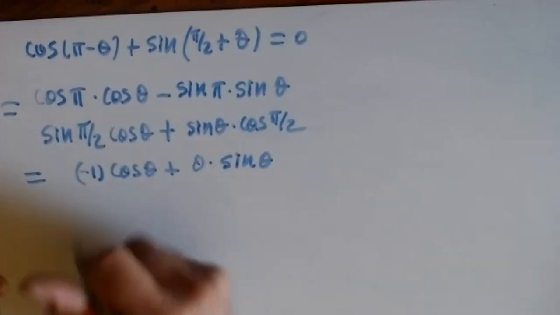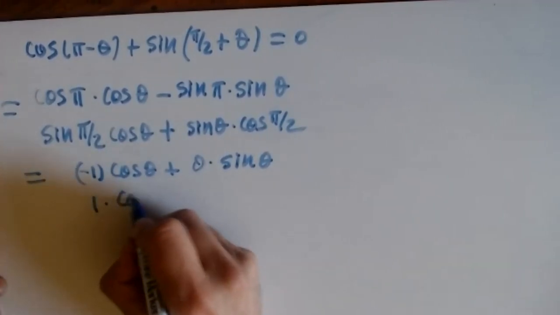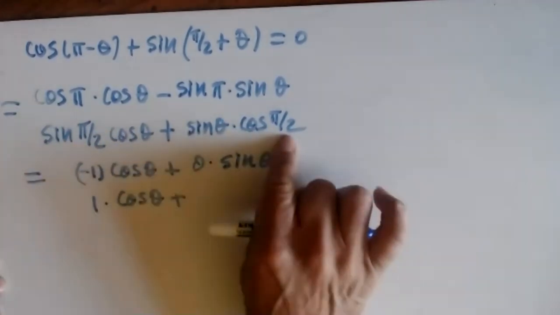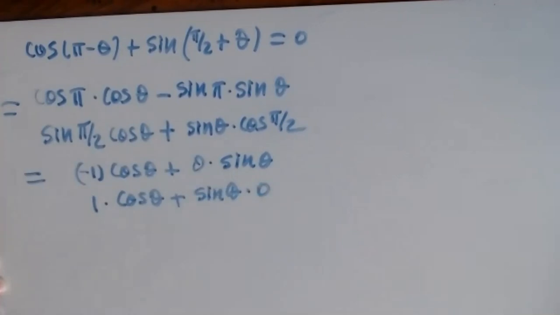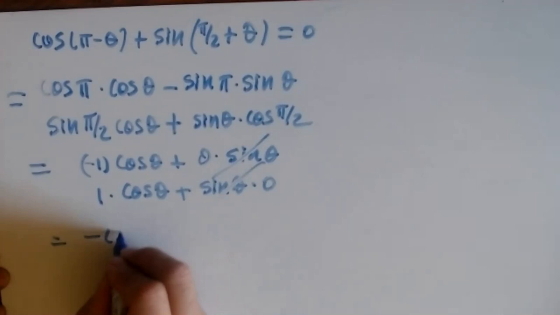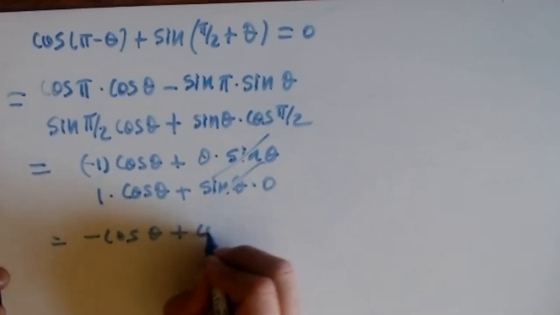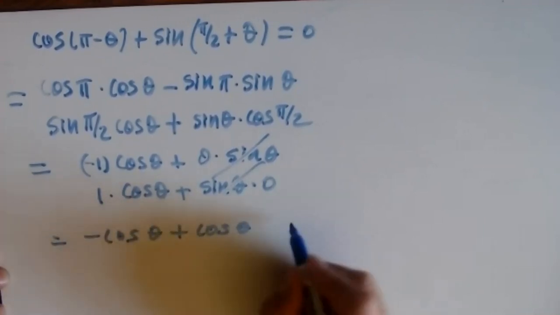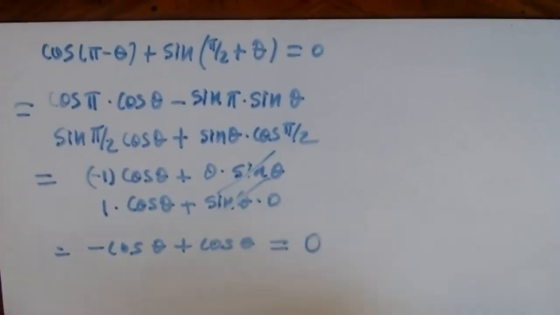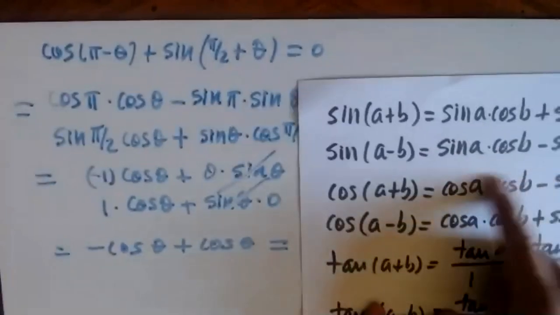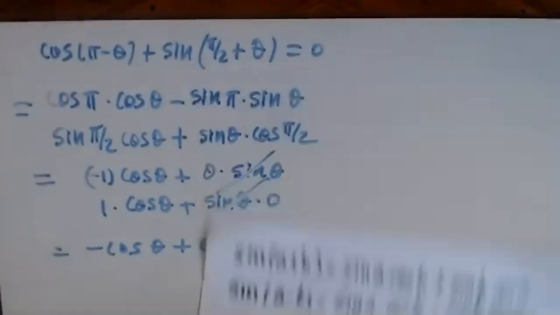Sine of pi over 2 is 1, 1 times cosine theta. Cosine pi over 2 is 0, sine theta times 0. Now this cancels out, it disappears, and I have negative cosine theta plus cosine theta. This minus this, 0. So you prove this identity using your addition and subtraction formulas right here.